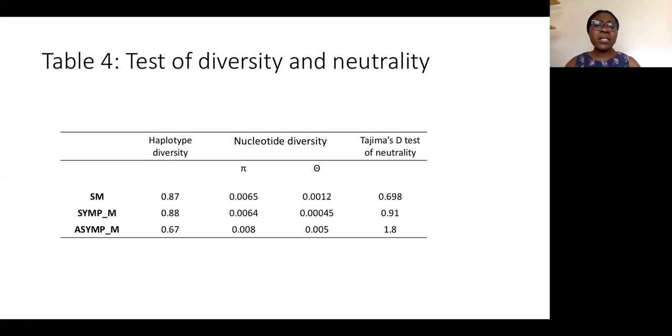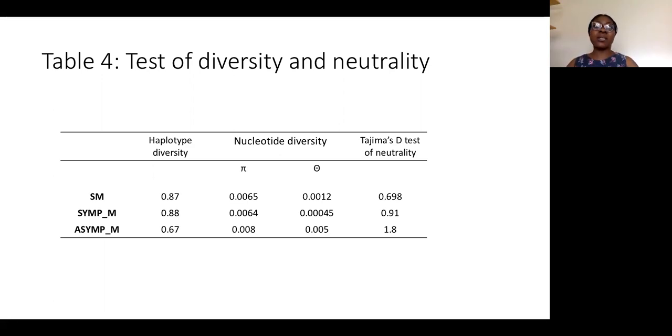We saw that there is a huge difference between the number of sequences and the estimated segregating sites in each of the cohorts. But these differences, when we tested for significance, were not really significant from each other.